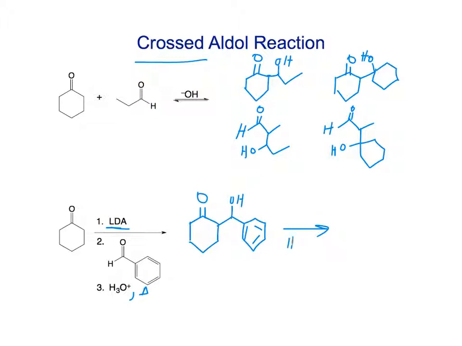So we're still using acid and heat, and we get a dehydration reaction, and we would get something like this. Okay, and the key thing here is one of these has no alpha H. Okay, so only one of them can form the enolate.